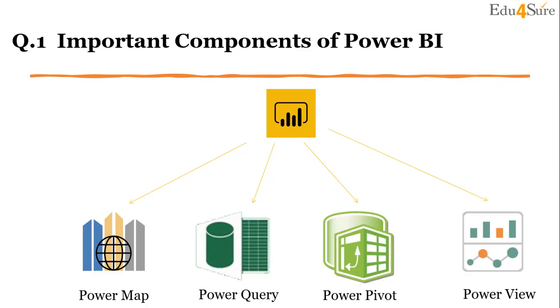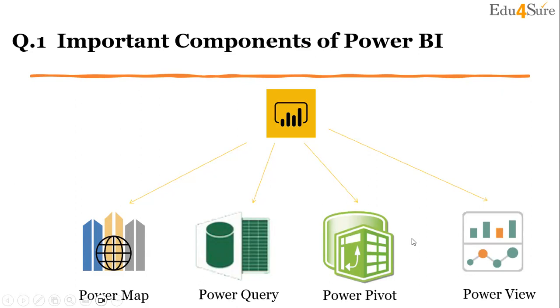So we would say Power BI is a better version of Excel because the components of Excel and Power BI are the same, right? If you have gone through the entire Power BI course, you know the subject, you must be aware that we have the ETL in Power BI, which is Power Query. Power Pivot is there using which we can create visuals and pivot tables using multiple sources, right? What is Power Pivot?